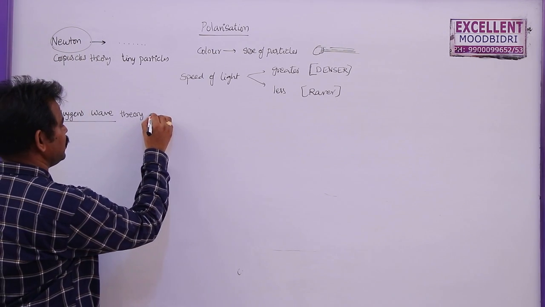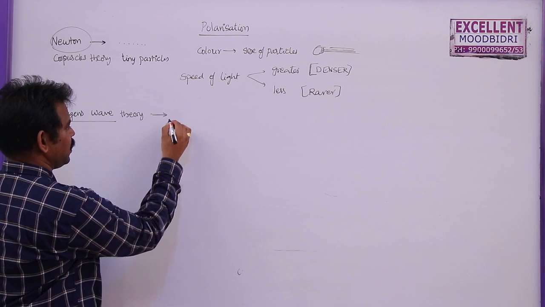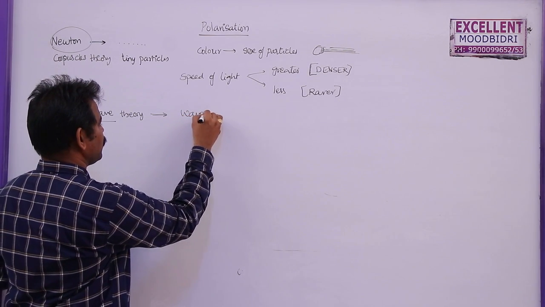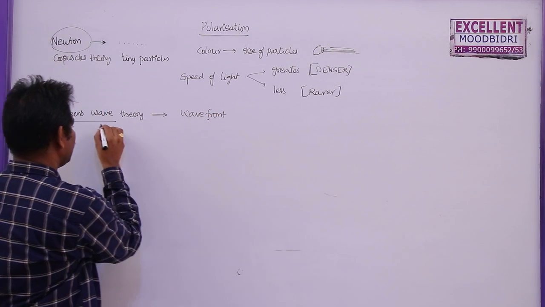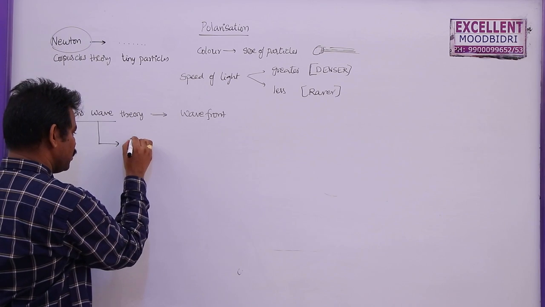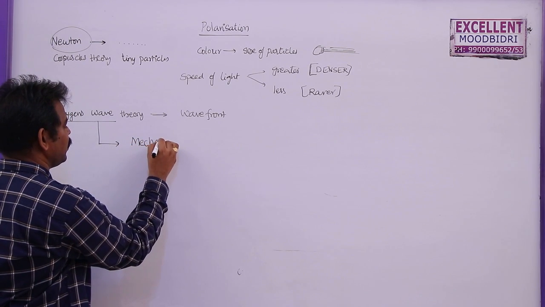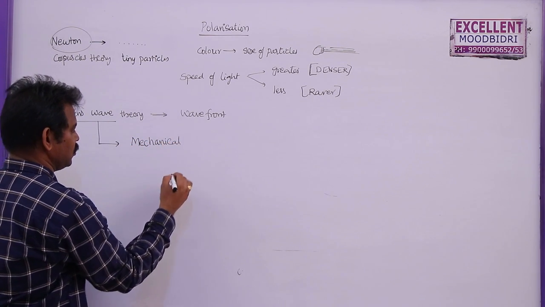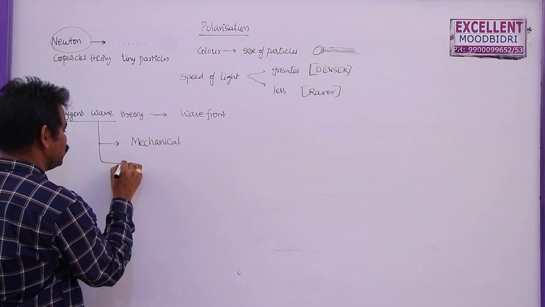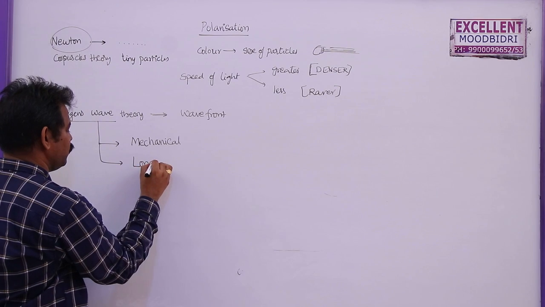Huygens wave theory explained the properties of light by taking the wavefront. According to this wave theory, light is a mechanical wave, which means it requires a material medium for its propagation. So a medium is required according to Huygens, and it is also a longitudinal wave.